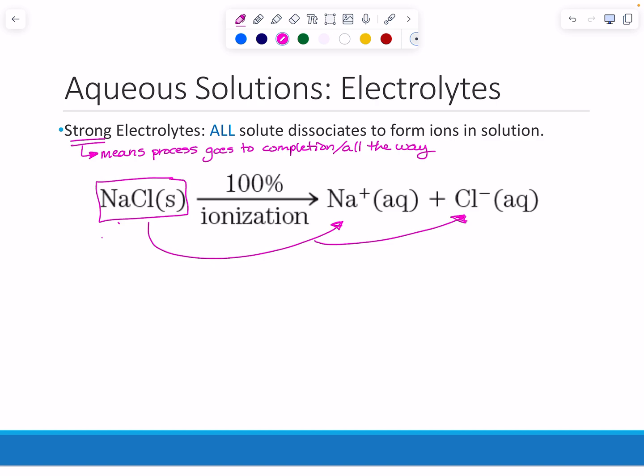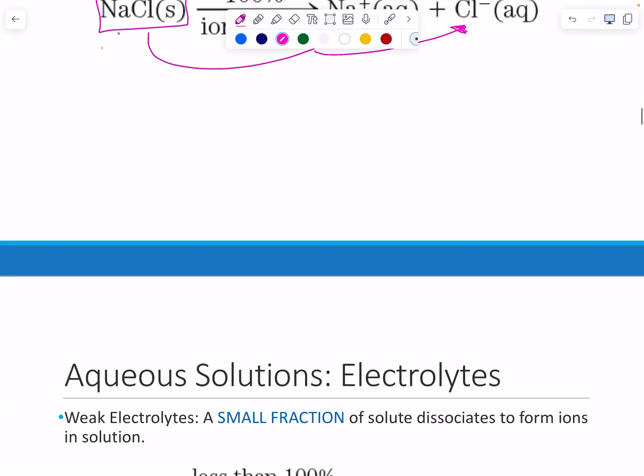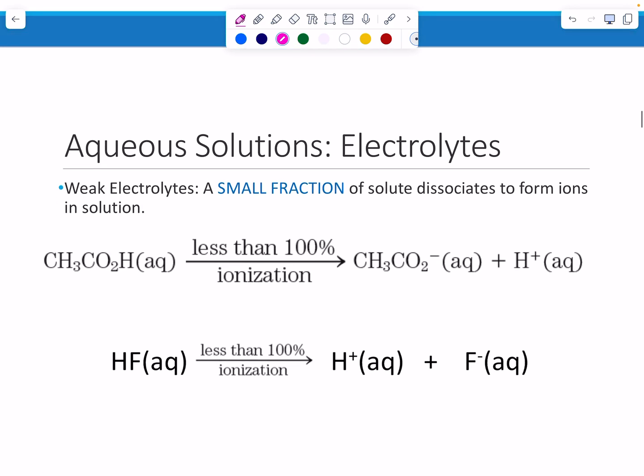I get the maximum amount of ions out of what I put into the solution. All right, so the other thing that can happen is I can have something that is a weak electrolyte. So this happens to be acetic acid, which is also an acid.